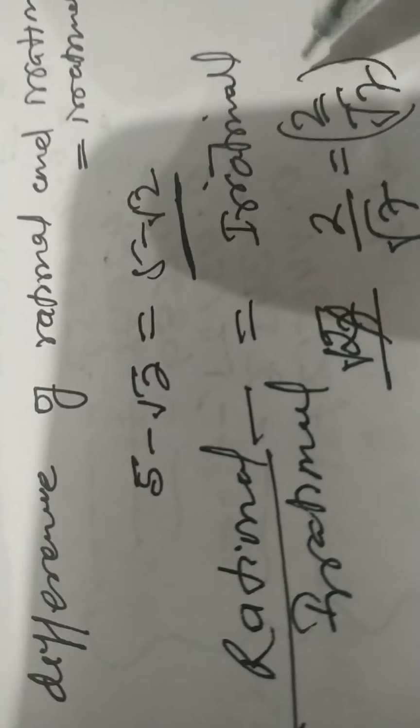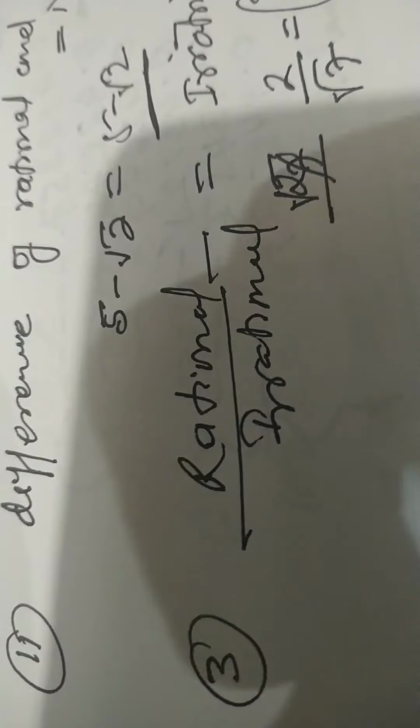For example, 2 upon under root 7 remains 2 upon under root 7. Further we can learn how to rationalize the denominator. That is irrational.